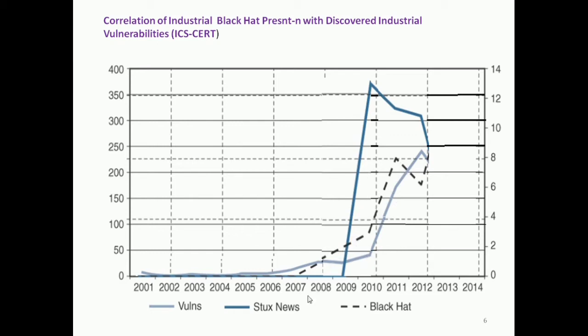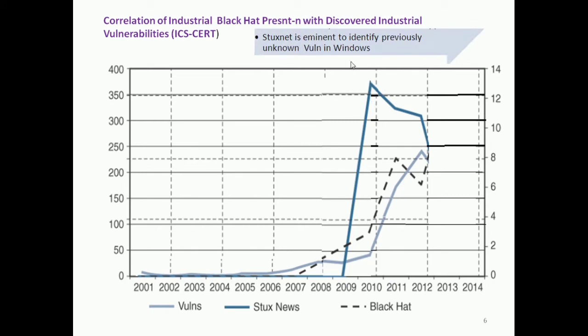We can see that Stuxnet news identified almost all the vulnerabilities which were previously present in the system but unknown. Now they are revealing their existence, so those also will be identified. That's why we have more than 360 vulnerabilities observed around 2010. From 2009 to 2010, by 2011 it got reduced, that is right.